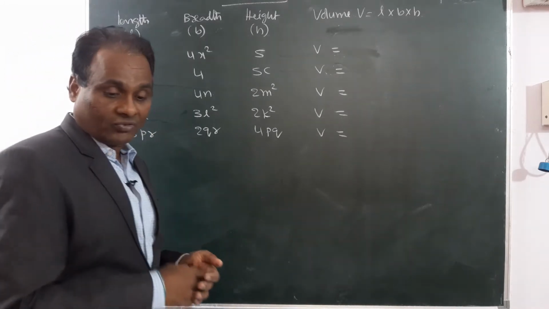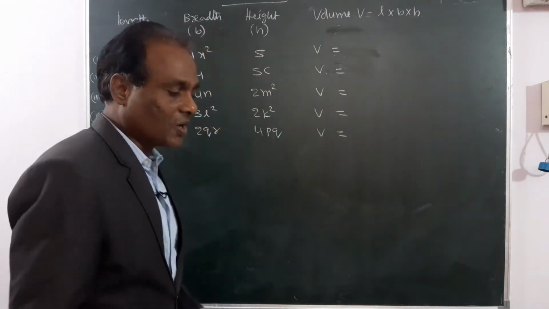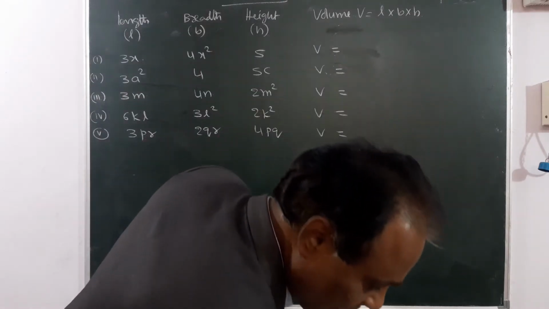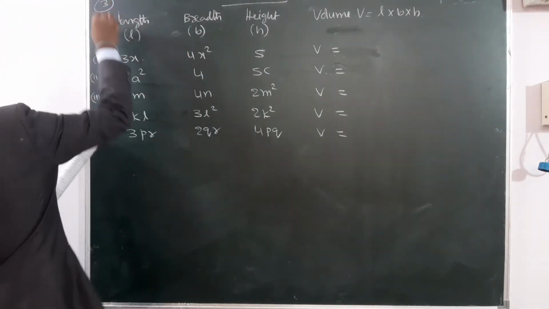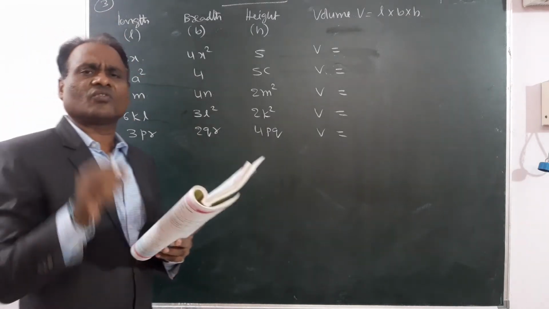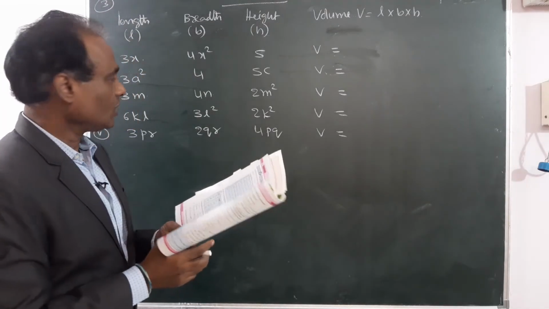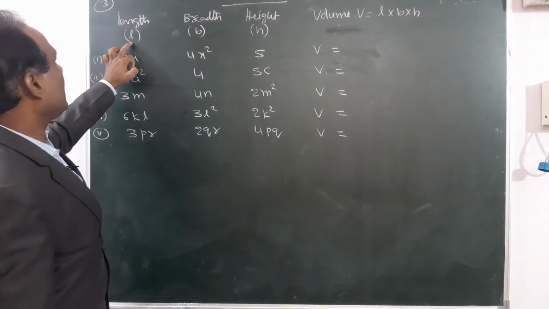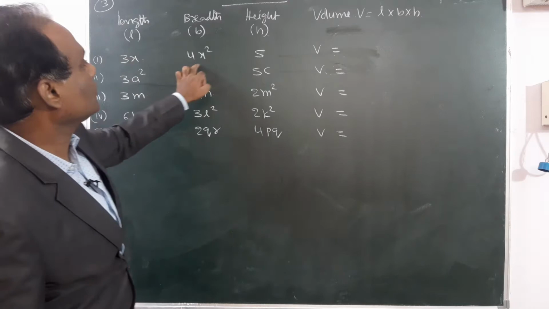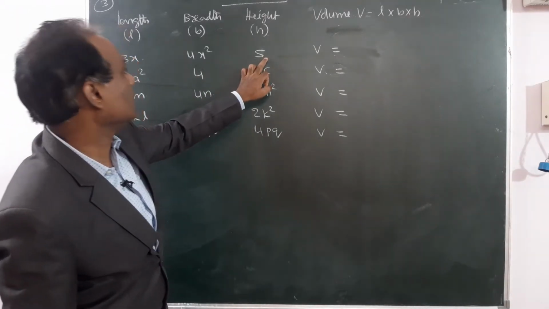Now this is the third problem of exercise 11.1. Very simple, multiplication of algebraic expressions is very easy. See here, this is a big table: length, breadth and height.